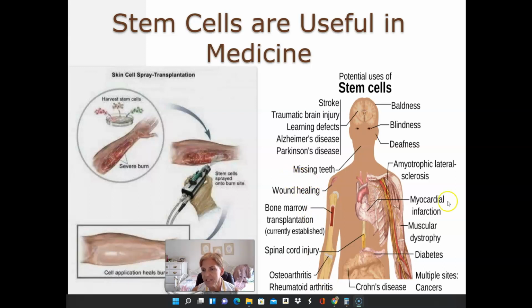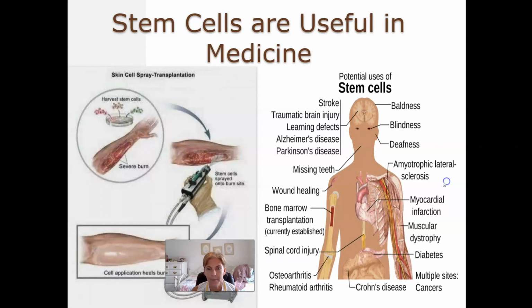Any kind of wound healing, myocardial infarction. This is referring to the muscle of the heart. Muscular dystrophy you might have heard of. ALS, I think you've heard of that, right? Lou Gehrig's disease and that whole ice bucket challenge. So lots of cool things they can do with stem cells to help us in the medicine world.